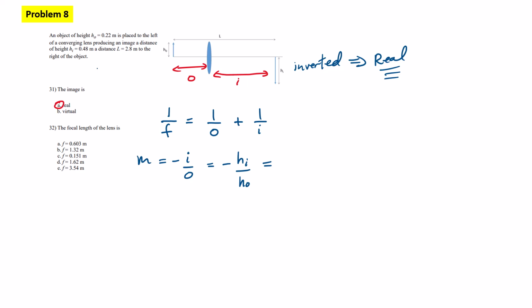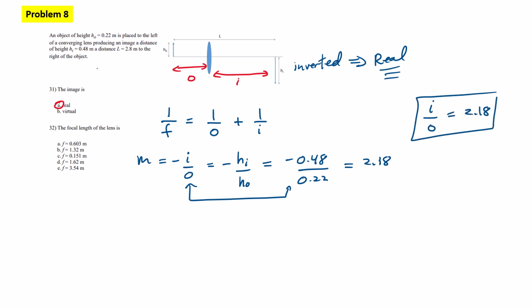Okay, so let's go ahead and substitute our numbers here. So what do we get? We get minus 0.48 divided by 0.22. Now that gives us a relationship here between I and O again. If I get a number for this, it is equal to 2.18. So my equation now is I over O equals 2.18.